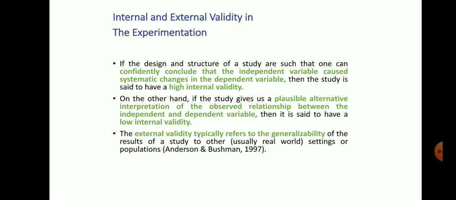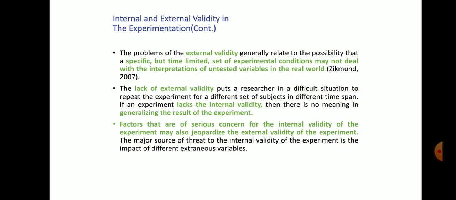External validity typically refers to the generalization of the result of the study. Now, the problem in external validity is basically related to a specific but time limited set of experimental conditions that may not deal with the interpretation of untested variables in the real world, which means if the study does not have the external validity, the researcher cannot replicate the same study in a different set of subjects at a different span.